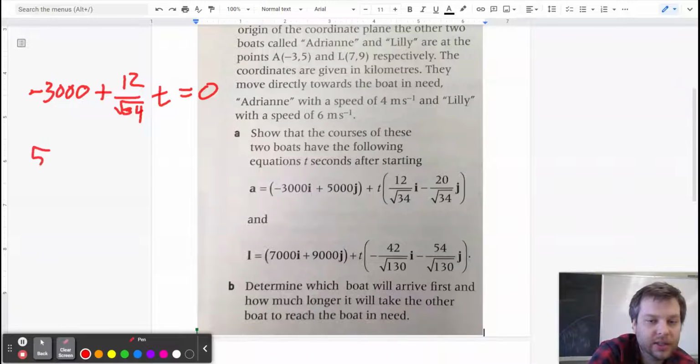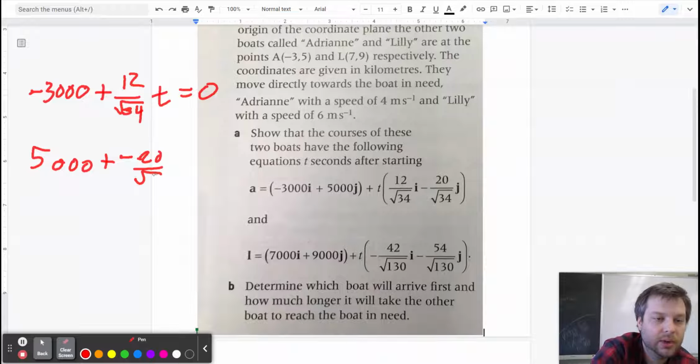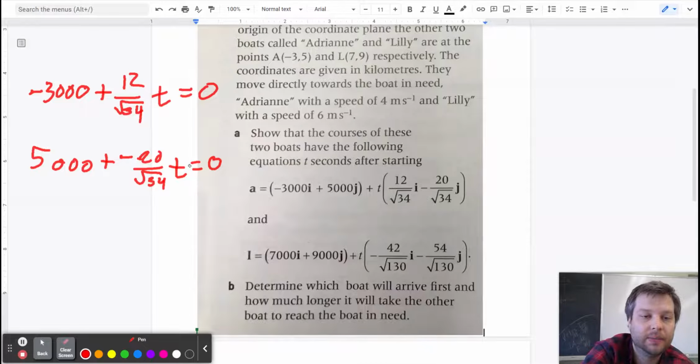We should get the exact same answer as taking the y coordinate and setting it equal to 0, because it's moving directly to the origin. It's not like the x coordinate should reach 0 earlier and the y coordinate later. They should come out to be the same value.